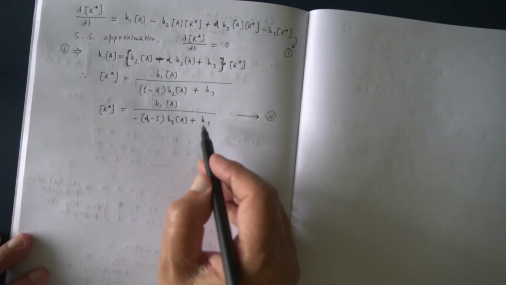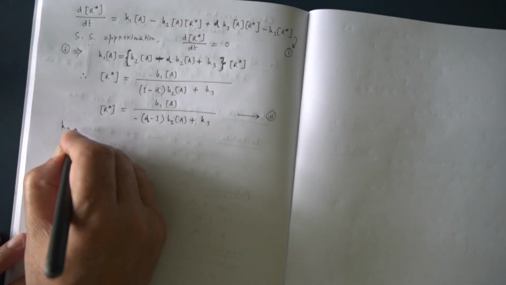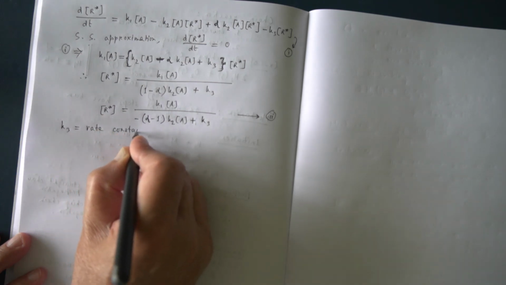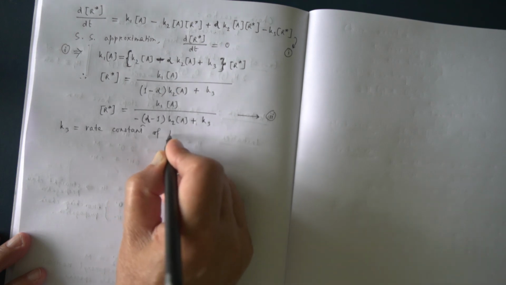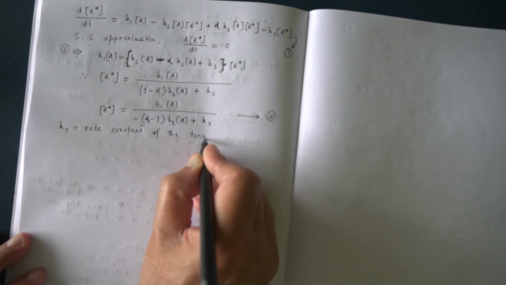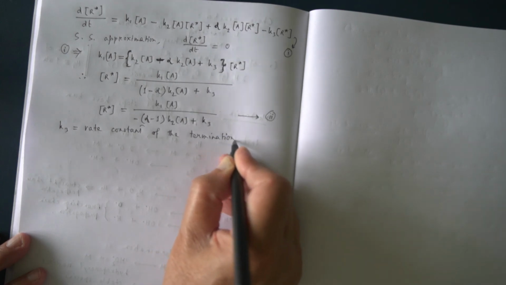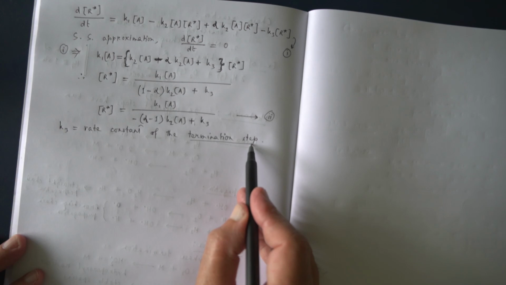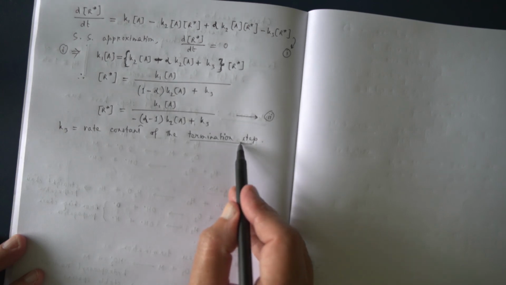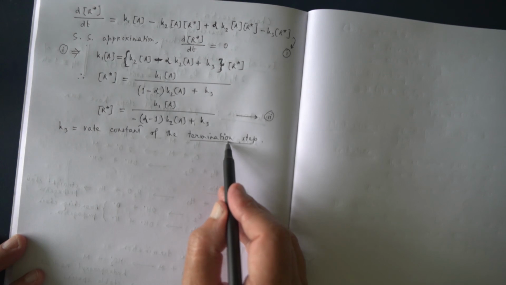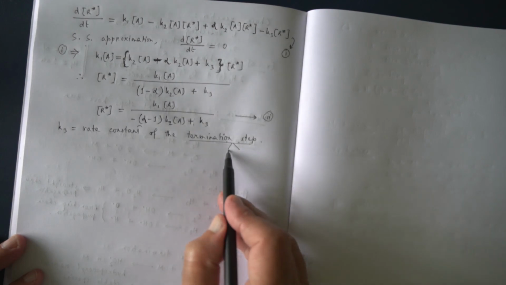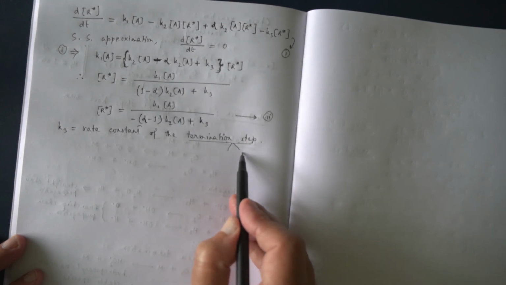Now here, what is k3? This is the rate constant of the termination step. We have already said termination may take place in two ways: gas phase termination and surface deactivation.